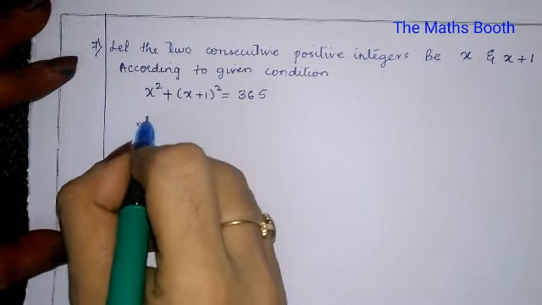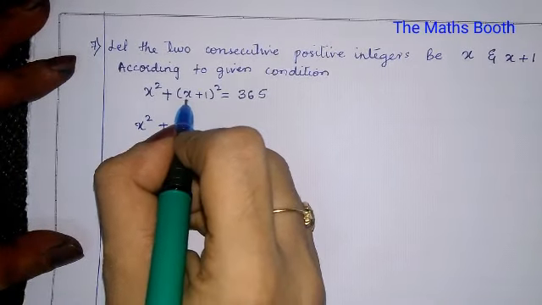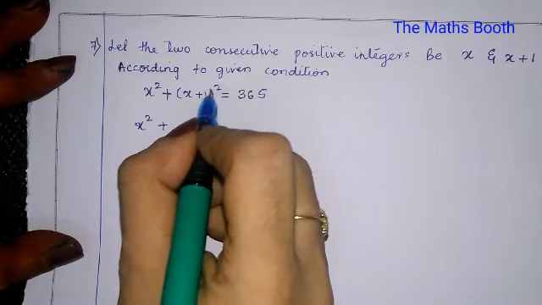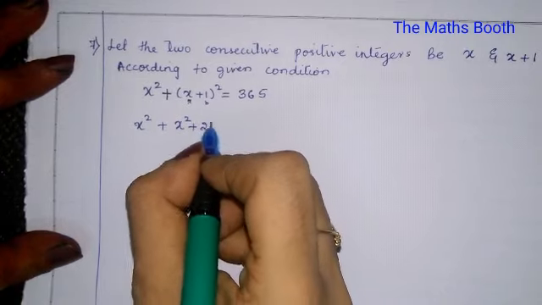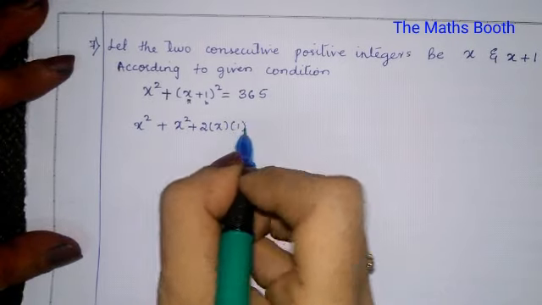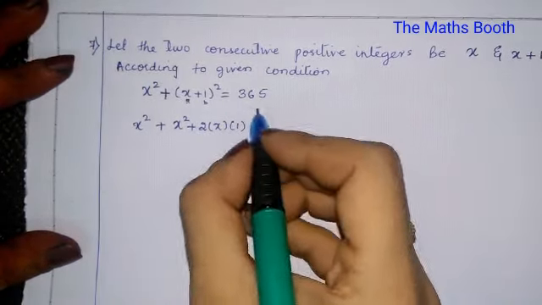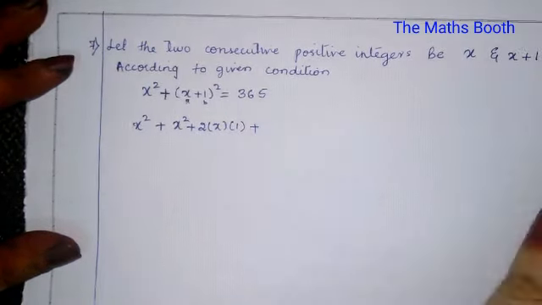So x square, let it be as it is, plus (a plus b) whole square. A plus b whole square is a square plus 2ab plus b square, where a is x and b is 1. So x square plus 2 into x into 1 plus 1 square is equal to 365.